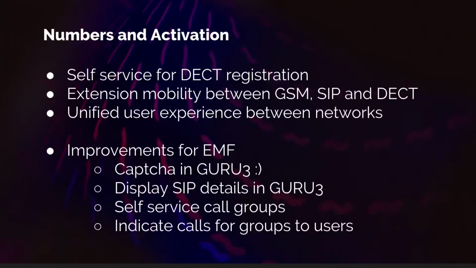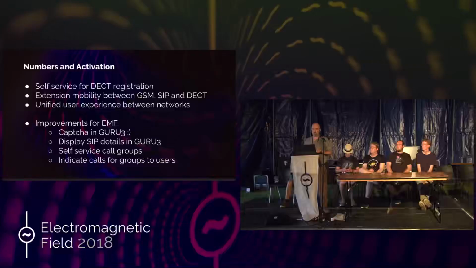That gave you a temporary allocation on the network with a really long number that wouldn't route anywhere, and then you could register your number in Guru and just dial the activation code, which re-provisioned your phone. I think that was quite a lot of work, and it's worked really well for them. I think most people found that fairly good.